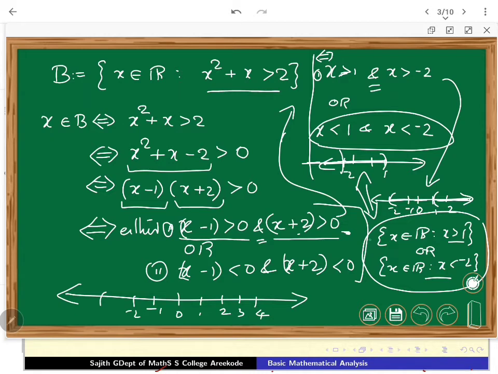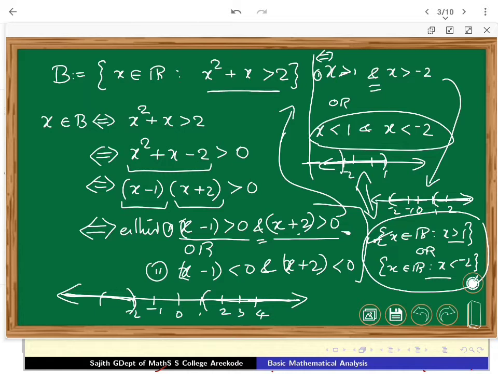So the first part is x greater than 1, all the right way. The second part comes from x less than minus 2. So you have to look at this part. These two components together will give the required set B. So one can profitably use our algebraic compatibility with the order structure.